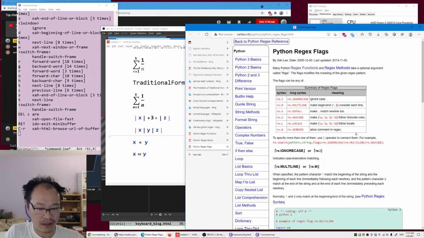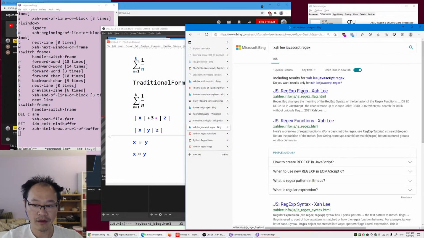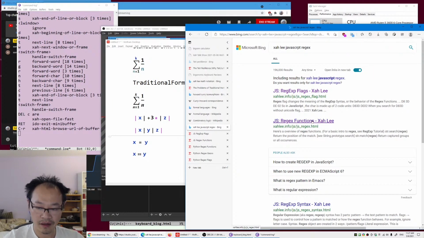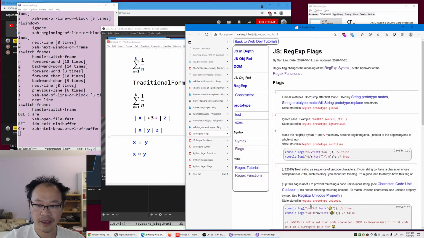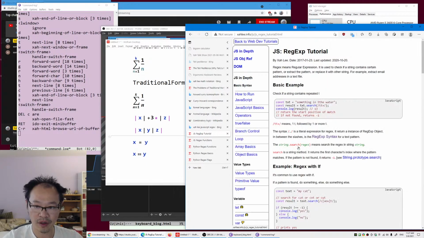Find and replace strings. Now let's go to JavaScript. I also have articles and tutorials about JavaScript regular expressions. You can see JavaScript regular expression flags, syntax, functions, and a complete tutorial and reference about regular expressions in JavaScript.